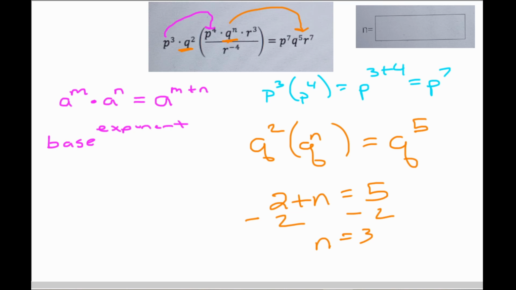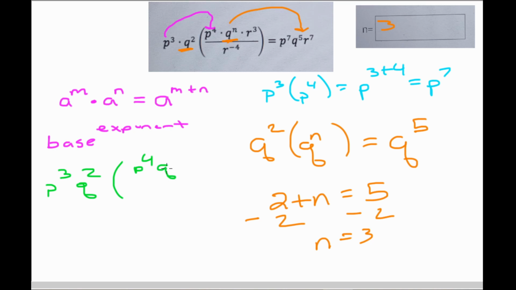So for now, I'm going to move up here and put n equals 3 in the box, but I'm going to check that before I actually submit my answer in our, I believe this is on Algebra Nation or Math Nation. So now what I want to do is look at, I said n is equal to 3, so I can rewrite this as P to the 3, Q squared, P to the fourth.